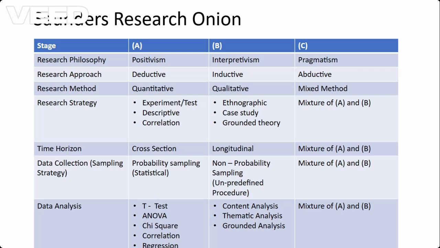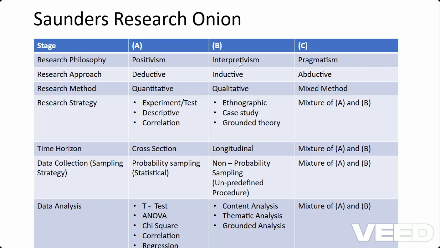The research strategy which is aligned with positivism is doing an experiment. It is aligned with the research approach, which, of course, is deductive. The research strategy which is aligned with the research method is, of course, quantitative.